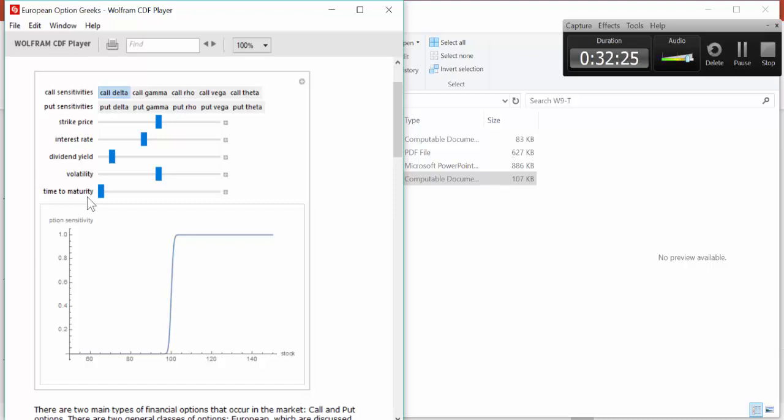That is the mathematical label. Whereas when there is more time, the way the delta behaves is quite different.